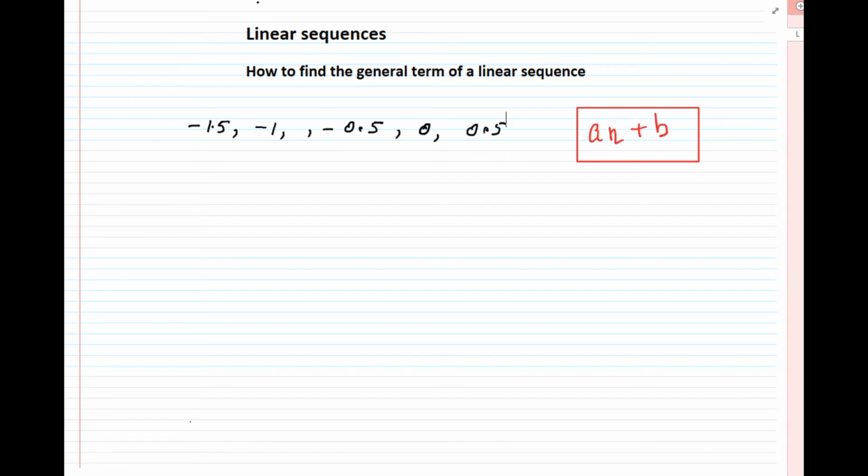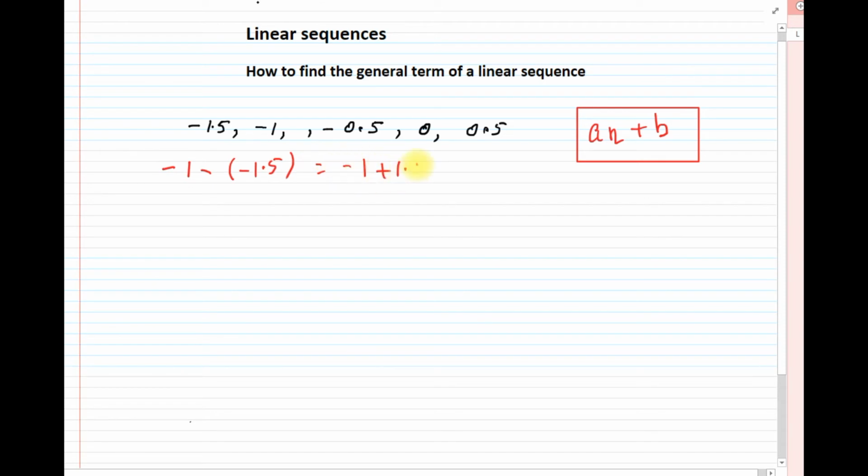Okay, we're going to have a look at another quick example. Here I have minus 1.5, minus 1, etc. This is the sequence we have. The first differences will be minus 1 minus 1.5. I will write this longhand a bit so that we don't make a mistake. That's minus 1 minus 1.5, which gives me minus 1 plus 1.5, which will give me a half.